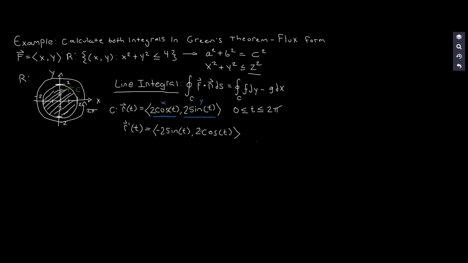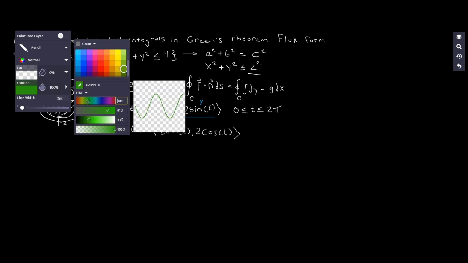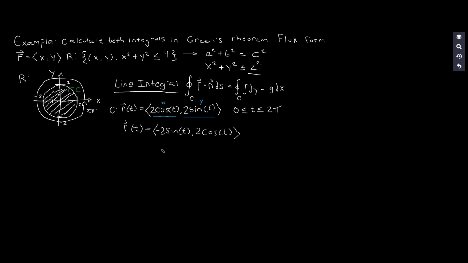And this here is our dx. Negative 2 sine of t is dx. 2 cosine of t is dy. And this is equal to our velocity vector, dr.